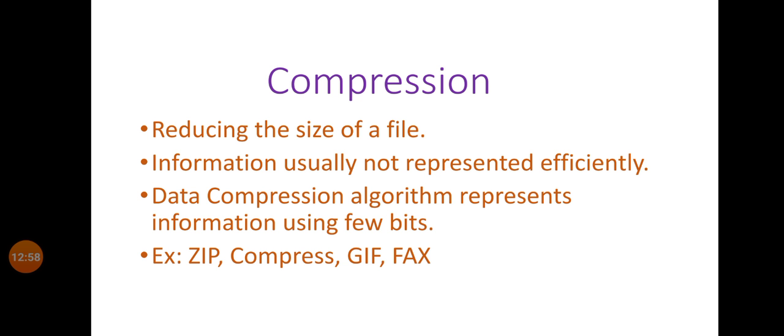So how is the size reduced? Whatever redundant information is in that file, meaning unwanted information, like some wrong data or some extra noise, all that unwanted information is removed from the file and it is compressed. So this is how data compression is done. But remember, the file data is not affected.